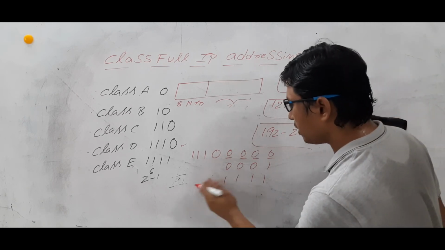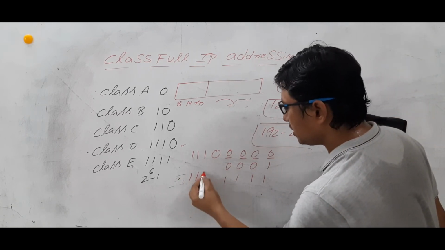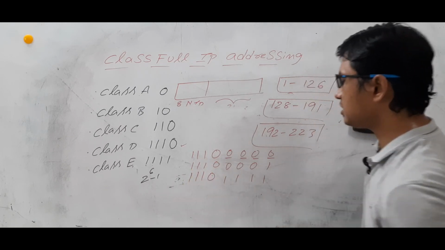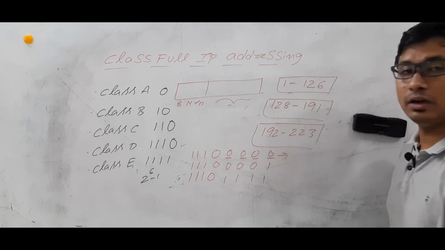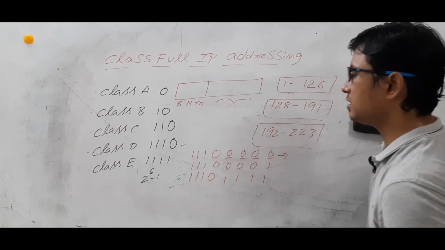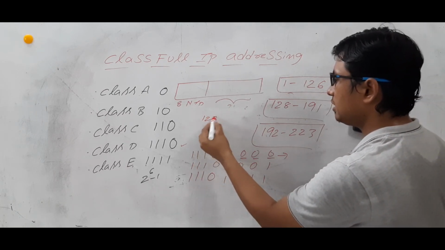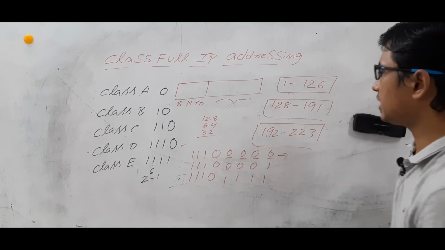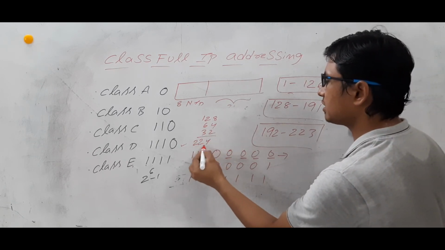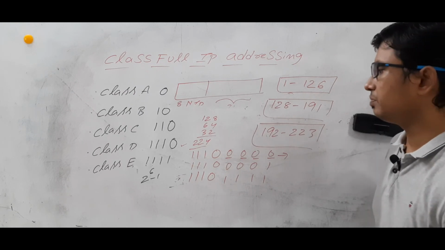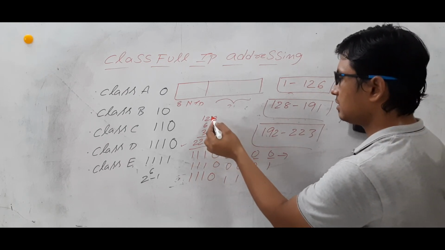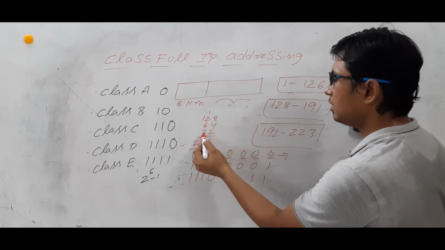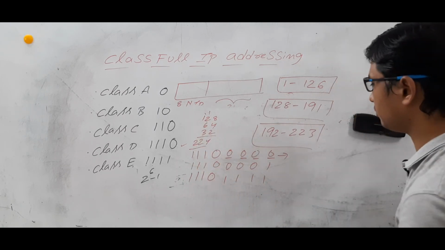If 3 ones are there at the starting, then what is the number in decimal? This is 128 plus 64 plus 32. You do it, how much will you get? 224 you will get. You can verify it also. 6 plus 8, 14, then 3, 9, 12, so you will get 224.